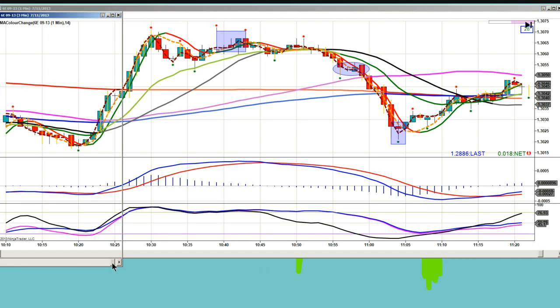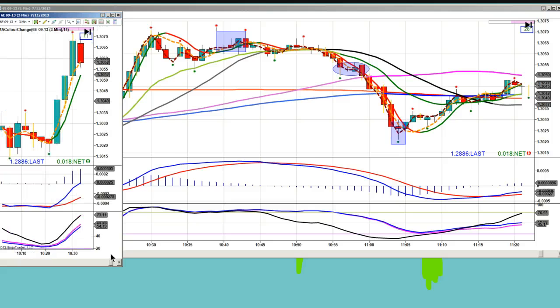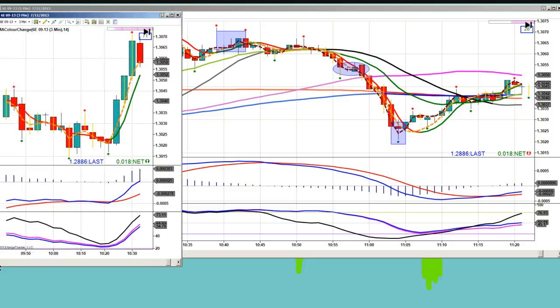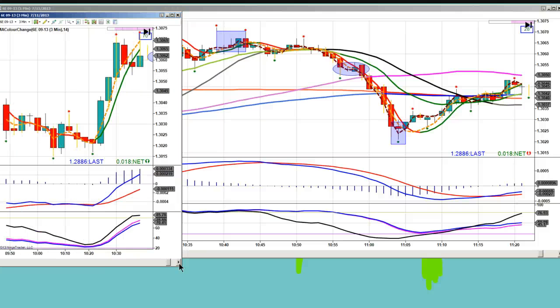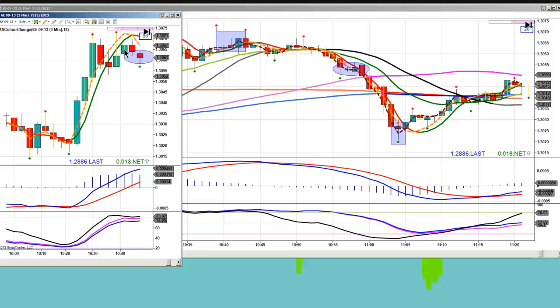And if we look at 10:40, look at your 3-minute chart. What side of the HMA is the candle already?